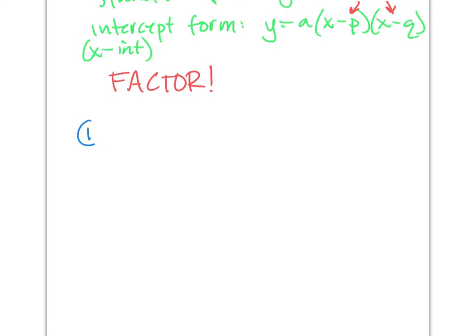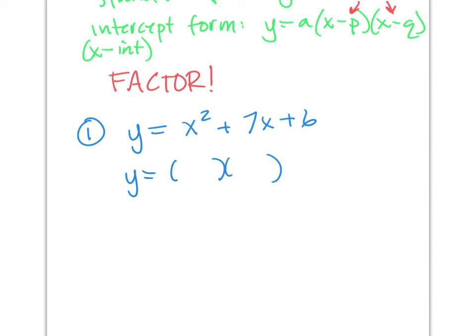Okay, number one, let's say we have y is equal to x squared plus 7x plus 6. We looked at something like this today. So how does this factor? Multiply to get the 6, add up to get the 7.